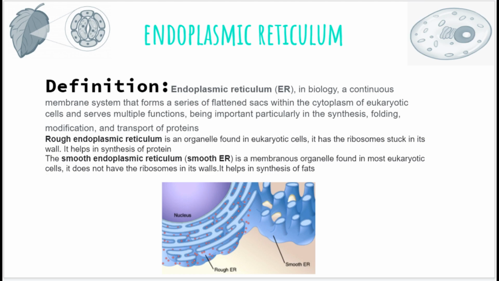The endoplasmic reticulum, according to their appearance, are of two types. The first type is rough endoplasmic reticulum and the second one is smooth endoplasmic reticulum. The rough endoplasmic reticulum contains ribosomes in its boundary and thus they are called rough endoplasmic reticulum or RER in short.